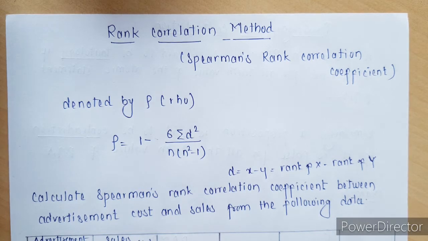It is not possible to give a quantitative value in such cases. So, what we can do is give ranks. We can judge beauty or intelligence based on merits, and we use those ranks to find the relation between variable x and variable y.